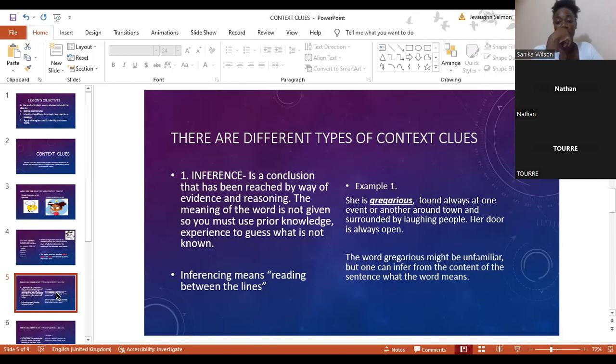All right. So example one, she is gregarious, found always at one event or another around town and surrounded by laughing people. Her door is always open. So without looking at the answer, can anybody tell me what that word means? We're seeing example one.